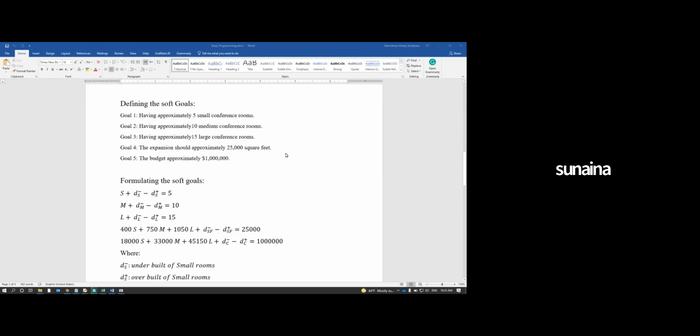Again, these are our 5 goals: 5 small rooms, 10 medium, 15 large rooms, the expansion area of 25,000, and the budget of 1 million.